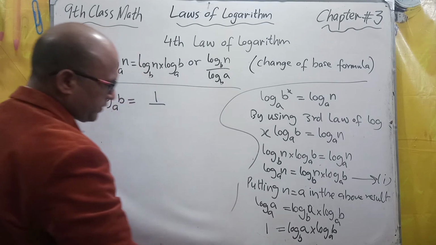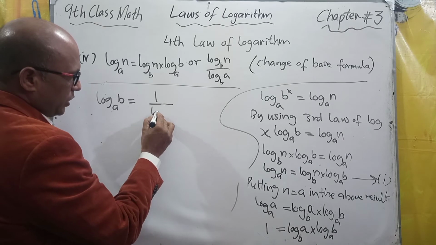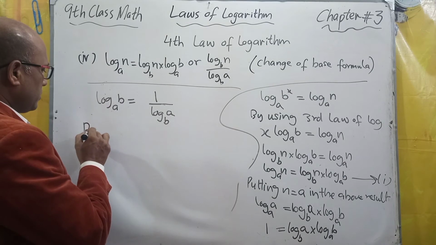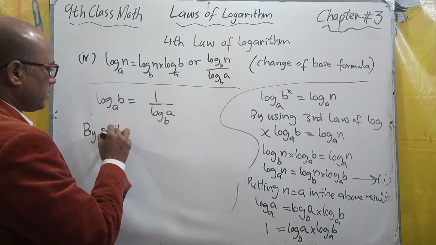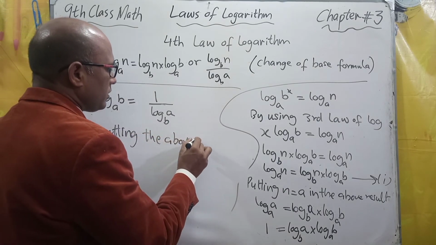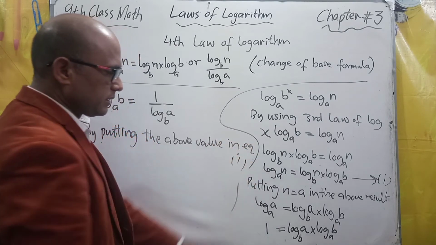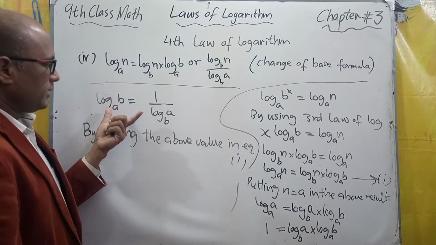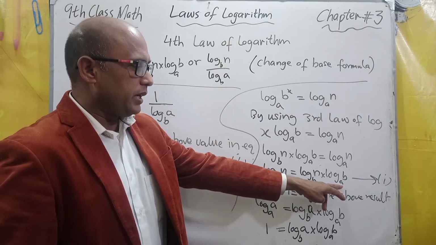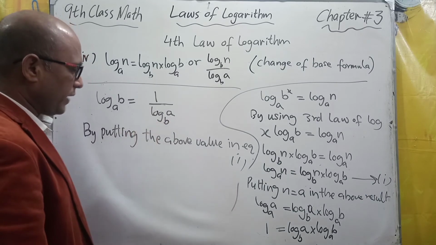Log B of A will be shifted to the other side and it will divide 1, so 1 over log B of A. Now by putting the above value in equation 1, students, in equation 1 we'll put this value of log A of B, 1 over log B of A.